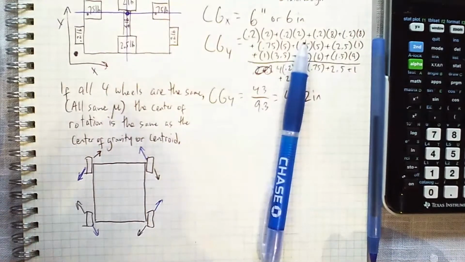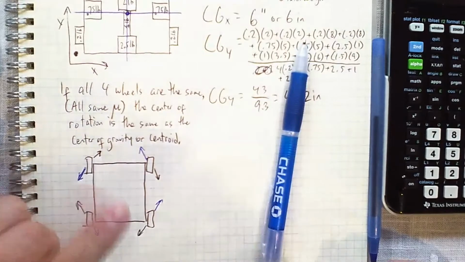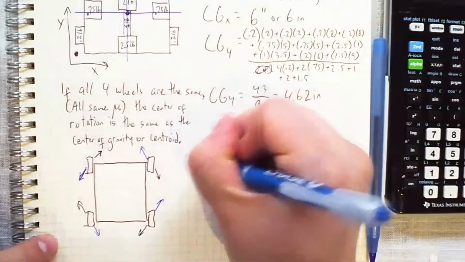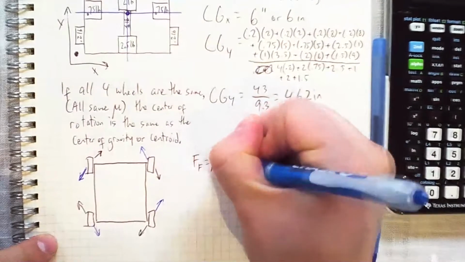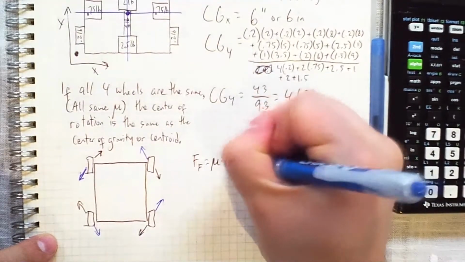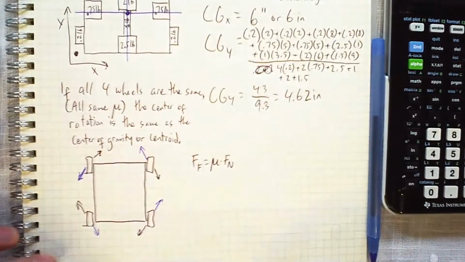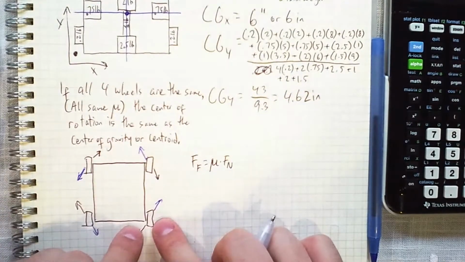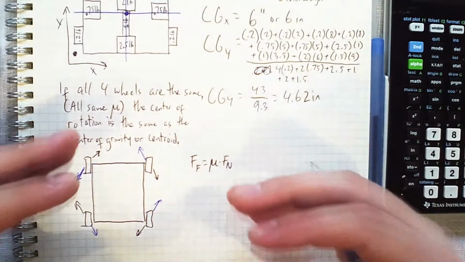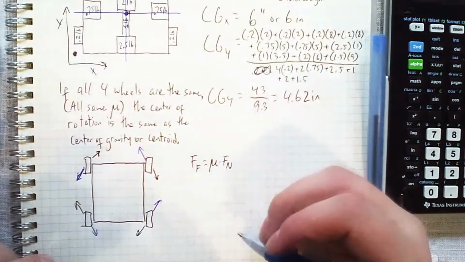Now the way we calculate this torque is we go back to frictional force. So if you recall, the formula for frictional force is mu times our normal force. So each of these wheels has a normal force applied to them because all your weight is put onto the ground through these four wheels.